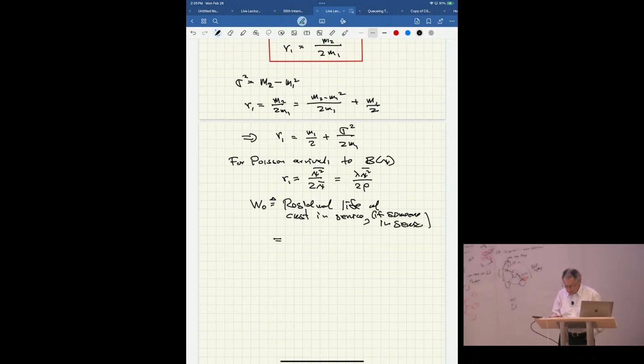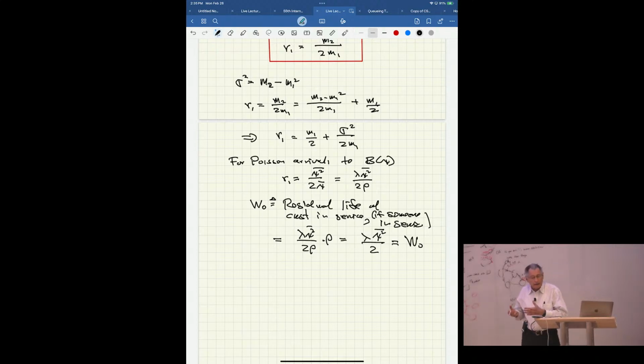Writing that out, if somebody's in service, it'll be the thing I wrote in the line above, namely lambda, second moment over twice rho. What's the probability somebody is in service? Rho. So multiply by rho, and the answer here is lambda, second moment of service over 2. And that's going to be the expected time I have to wait for anybody that could be in service. If he's there, I wait this amount. The probability there is just rho, so this is how much I wait.